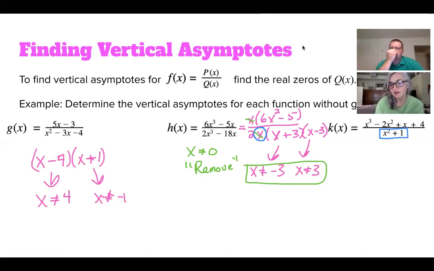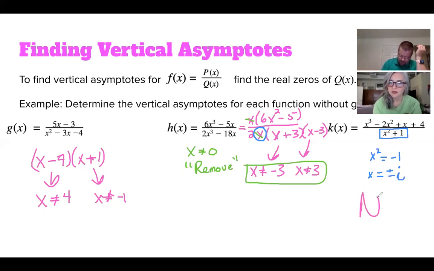If I think about solving that, I would get x squared is equal to -1, take the square root. Right, because this is going to give me an imaginary unit. So I don't even have to worry about the numerator in this problem because right off the bat, there are no real solutions to the denominator. So there are no real restrictions to the denominator or to this problem.